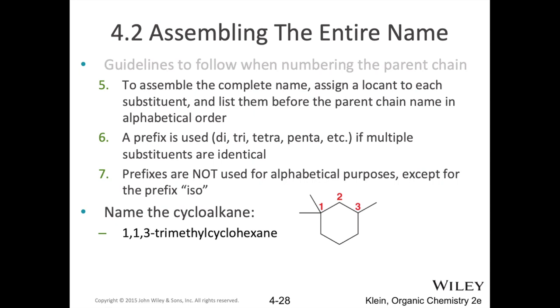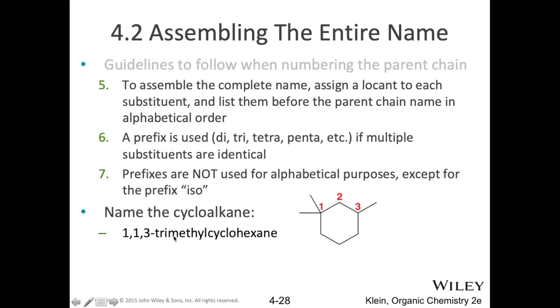I also wanted to briefly draw your attention to how we write out the name. We write this out as 1,1,3-trimethylcyclohexane, but note the punctuation here. We use commas to separate numbers from numbers, and we use hyphens or dashes to separate numbers from letters.